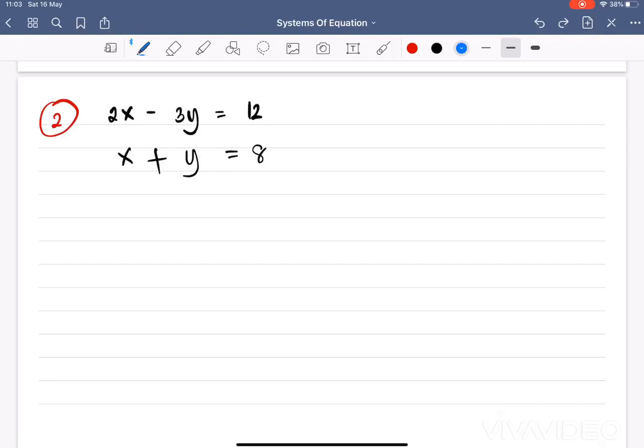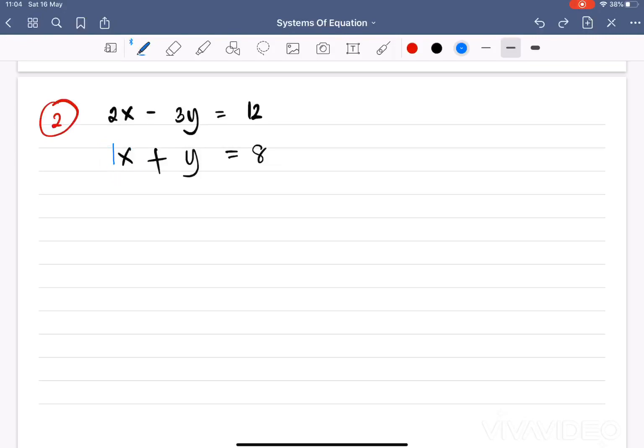In my case, I'd like to eliminate x. The coefficient of x in the second equation is 1, invisible 1, and the coefficient of x in the first equation is 2. Our target is that the second equation will have the same coefficient yet the opposite sign.